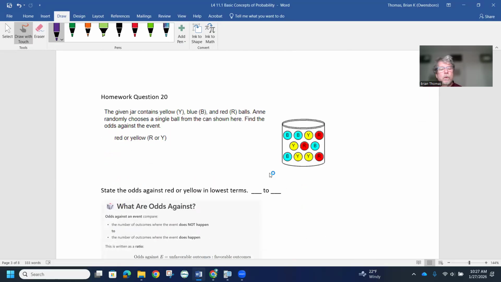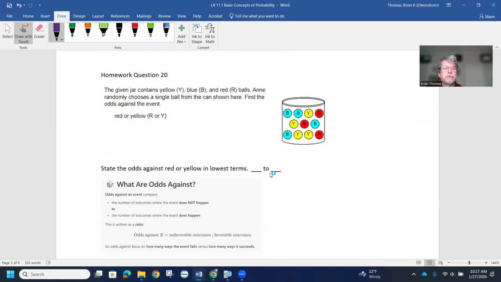So another one of these. So question 20, again, we're given another jar, yellow, blue, and red balls, and someone randomly chooses a single ball from the can shown here, and then we want to find the odds against the event. So now we're talking about red or yellow.